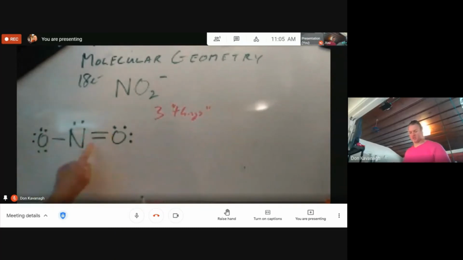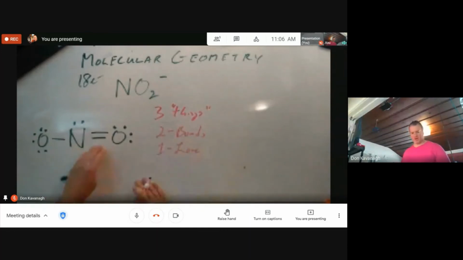It doesn't matter that there are 2 bonds, there's just one thing over here. Now, those 3 things that are poking out of the central atom dictate the geometry. Now, 2 of those things are bonds, and one of those things is a lone pair.